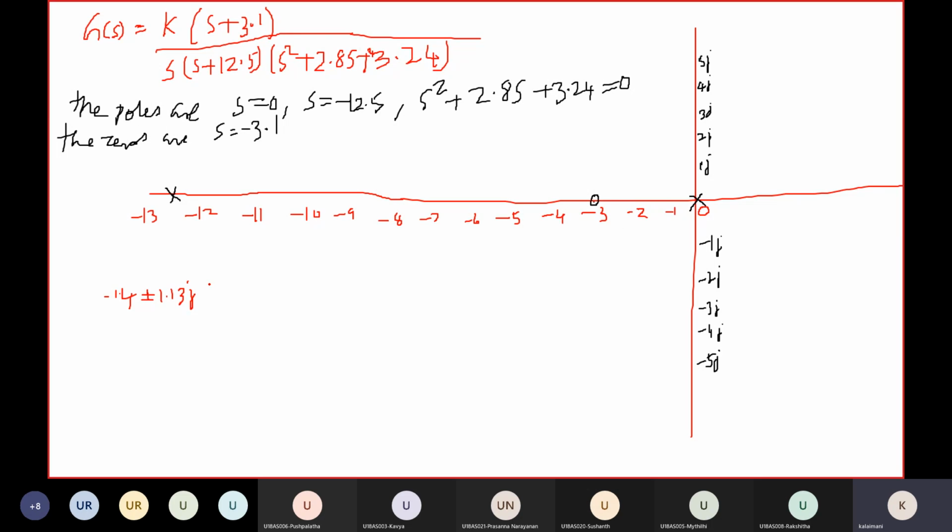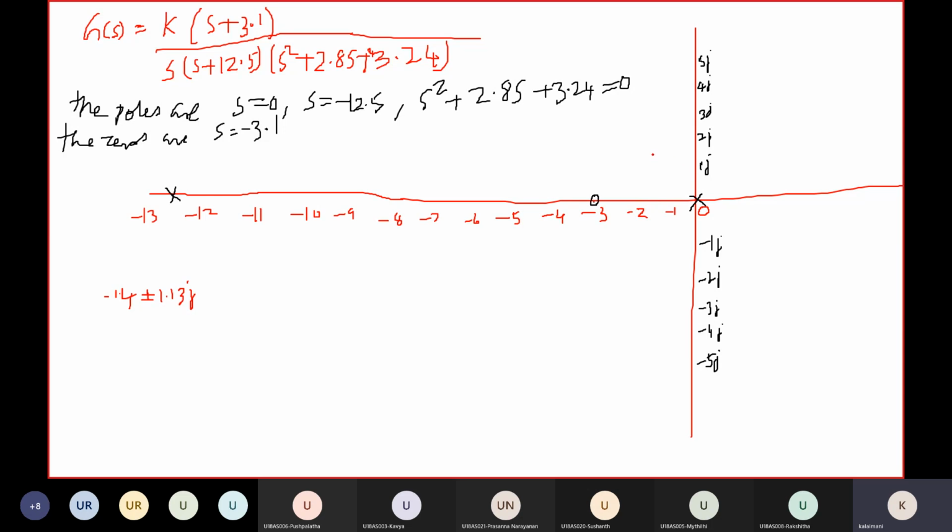Therefore, one pole is minus 1.4 plus 1.13j. So minus 1.4 is here, and the 1.13 like this.